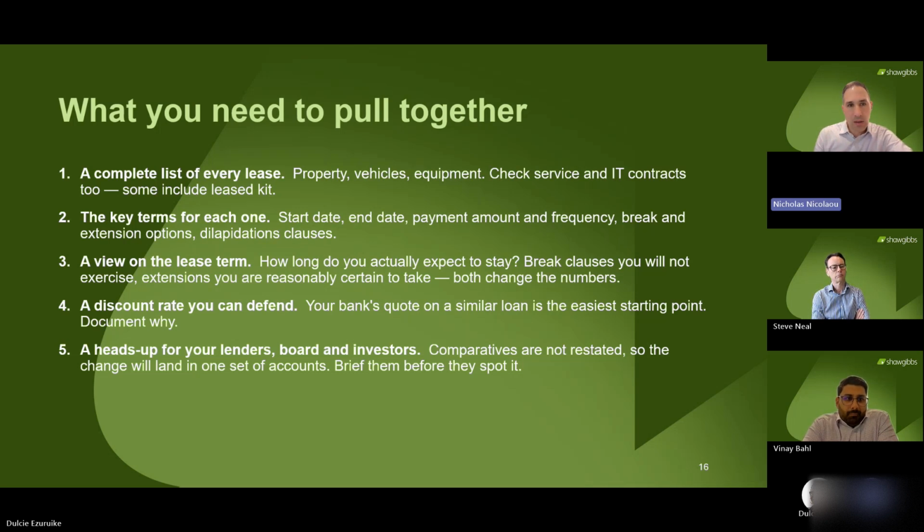And then you've got to take a view on some of those things. Like I mentioned, are you actually going to exercise that break clause? Are you going to take an extension? That's going to be factored into the initial calculation.